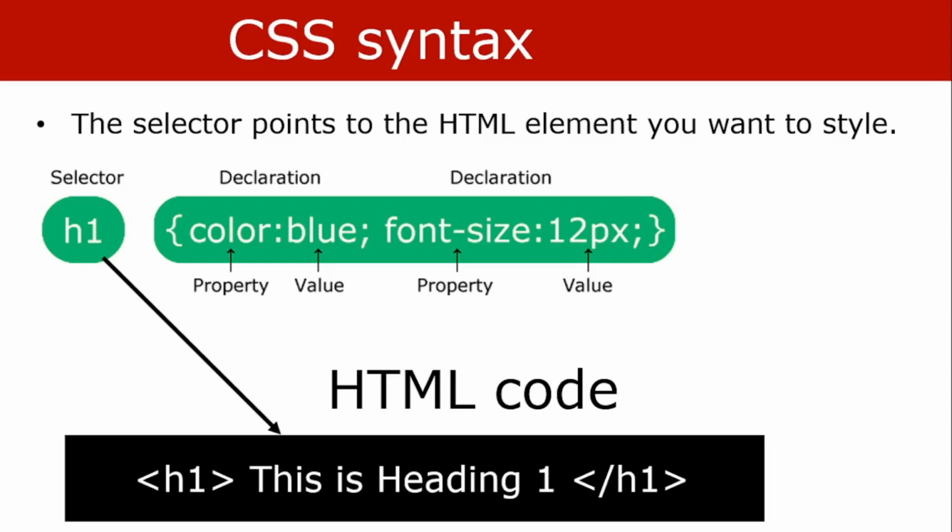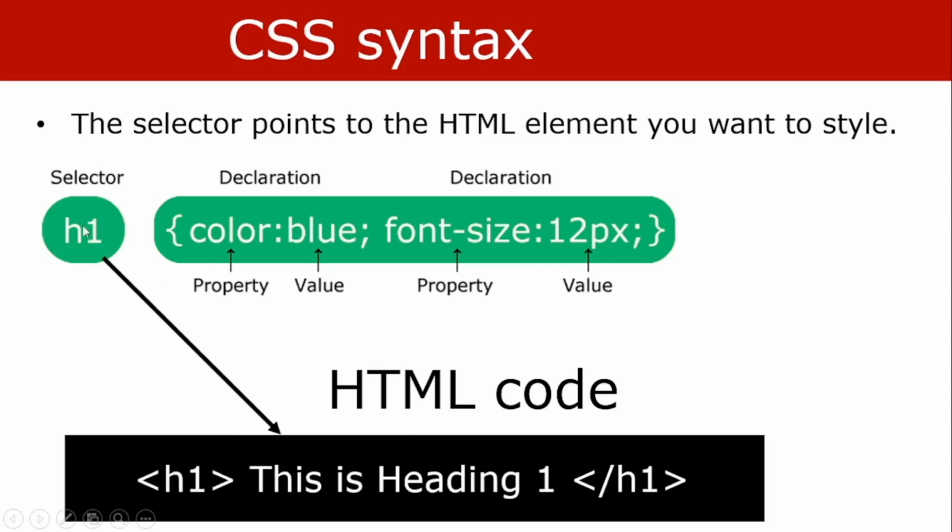The selector we are talking about here points to an HTML element that you want to style. So let's say you have a heading 1. I have a sample HTML code here. I have an h1 that says this is heading 1. If I want to style this, I get a selector which is the tag.